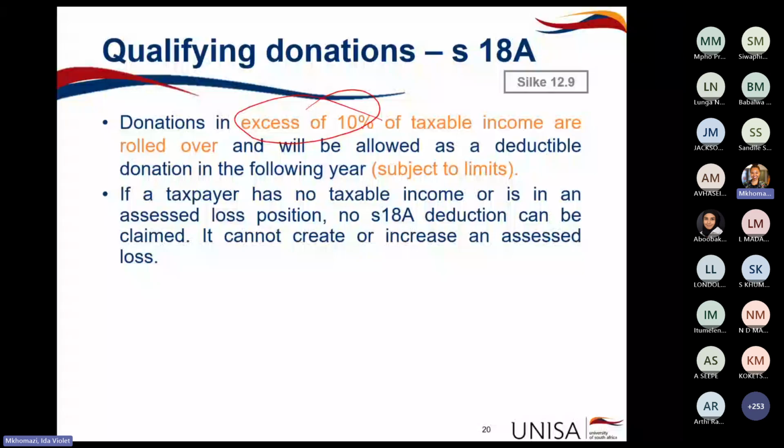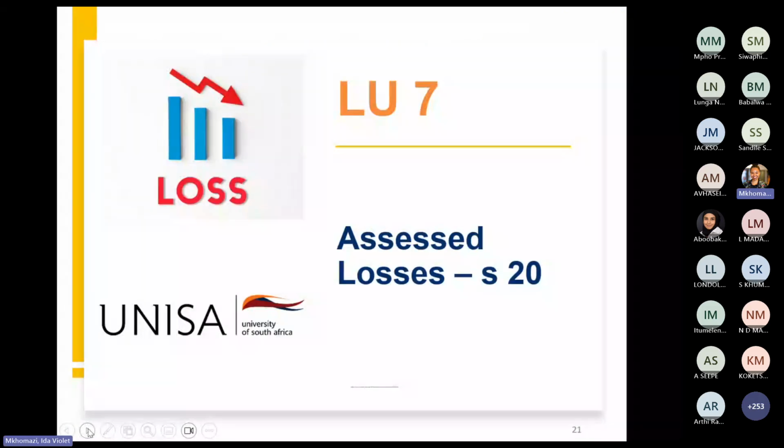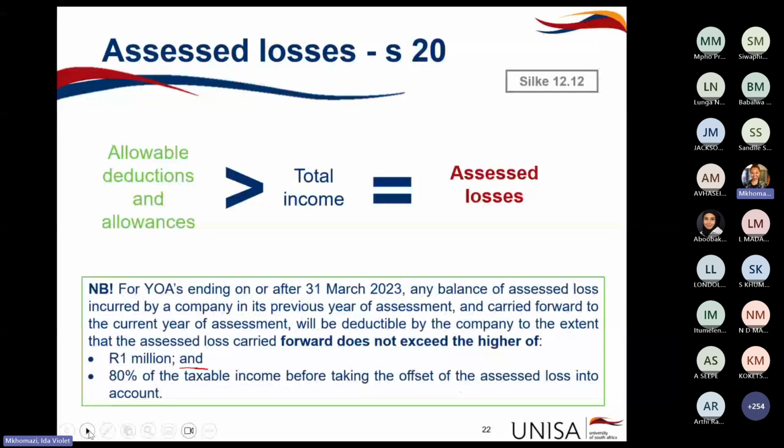And if a taxpayer is in an assessed loss position, then you cannot get the 18A deduction. There are some examples in the slides and also in the Silke textbook that you can look at.